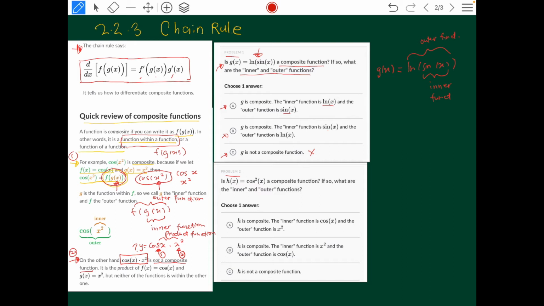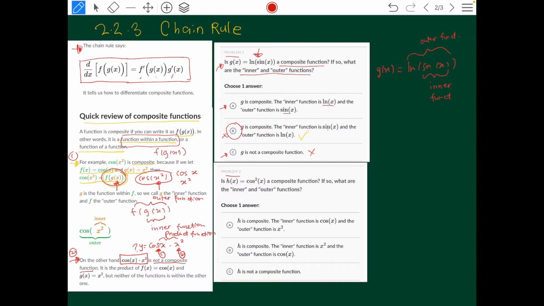So the correct answer is B. The inner function is sin x and the outer function is ln x. Okay, now let's see problem 2.